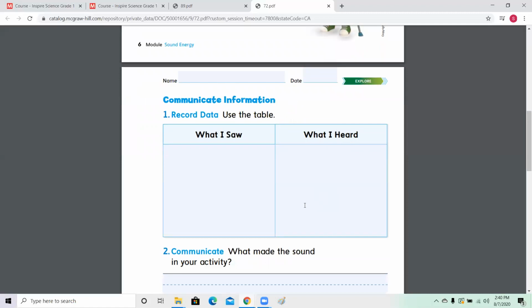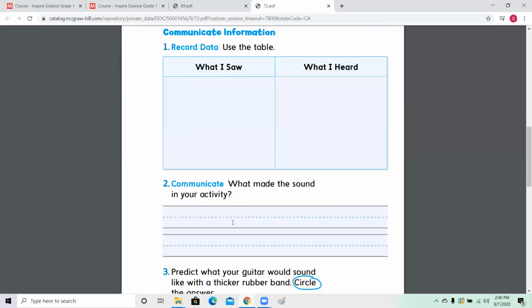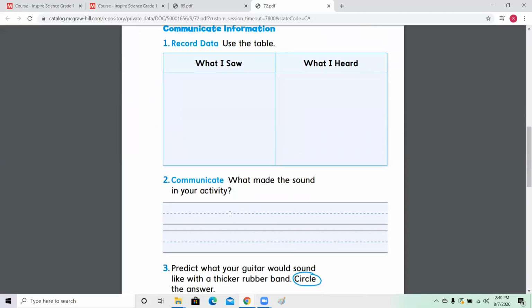Okay. So what made the sounds in your activity? What's the reason you heard the sound? The vibration. Yes, the vibrations of the rubber band. Awesome.